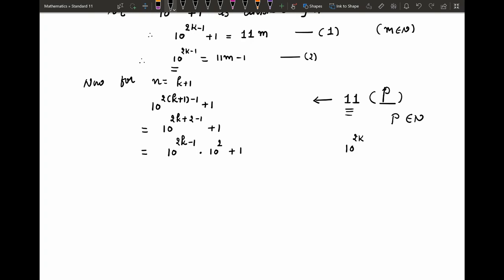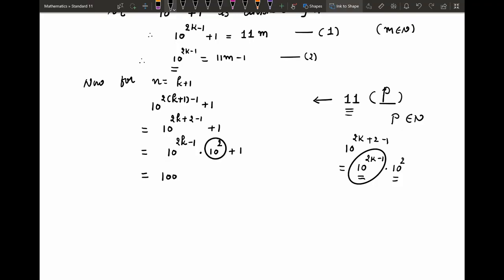So when we expand the bracket, 2k plus 2 minus 1, using rules of indices, this can be written as 10 raised to 2k minus 1 into 10 square. Base is equal, we have to add indices so that we can substitute values of 10 raised to 2k minus 1 from result 2. So this is 10 square, that is 100.